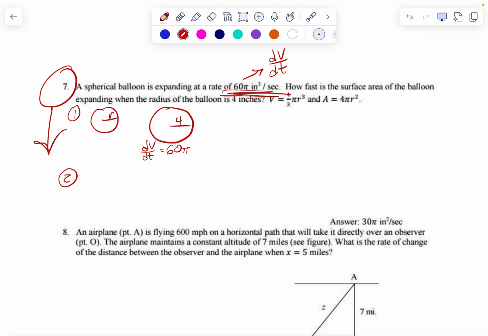Okay, what's our goal? Well, it gives us an equation as A, though, right? So I would say dA/dt, since that's what's going to come up in the problem. So our goal is to find the changing area, or how fast it's changing.